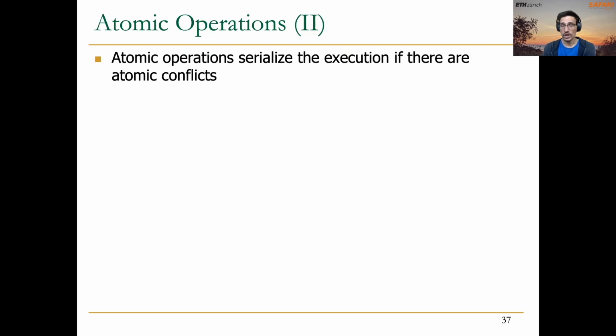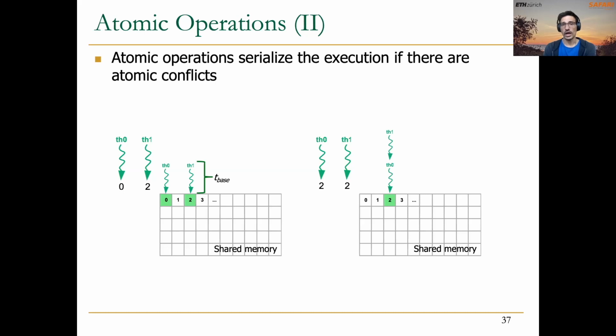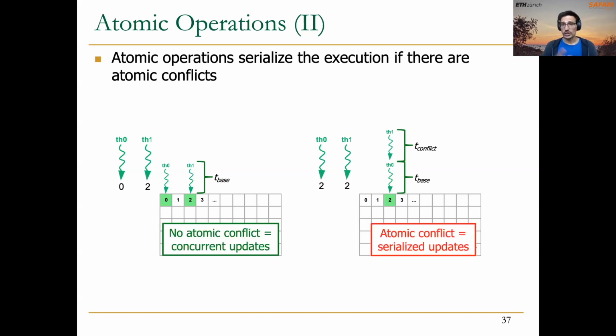Atomic operations have the drawback that they serialize the execution, because if we want to have atomic updates, we need to make sure that only one single thread can access a memory location that is shared and is going to be updated by multiple threads. So we have to make sure that the updates are atomic. The problem is that if two threads that are running together want to update the same memory location, there will be an atomic conflict and the accesses will be serialized.